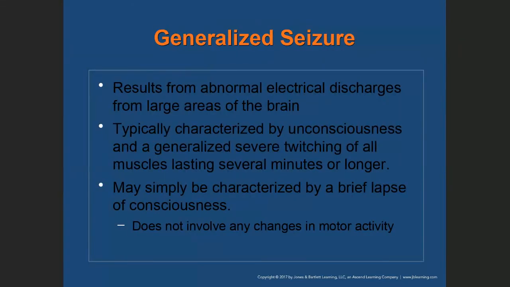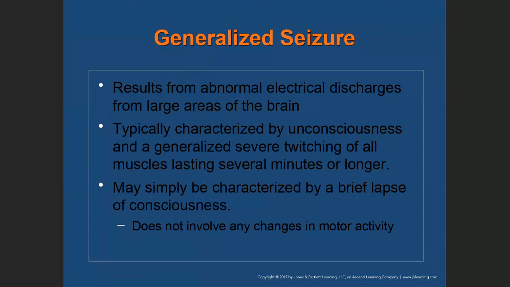Let's look at generalized seizures. So generalized seizures result from abnormal electrical discharges from a large area of the brain. It is typically characterized by general unconsciousness and a generalized severe twitching of all the muscles lasting several minutes or longer.